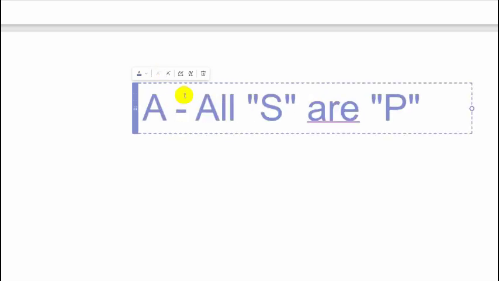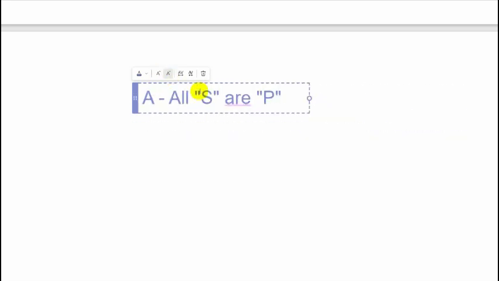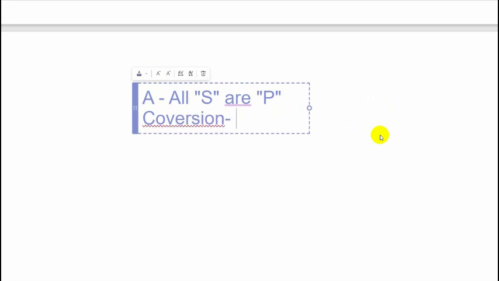So let us say we start with A proposition. A proposition states all S R P. Alright, all S are P. So to do the conversion of this, conversion, not the obverse, what will we do?